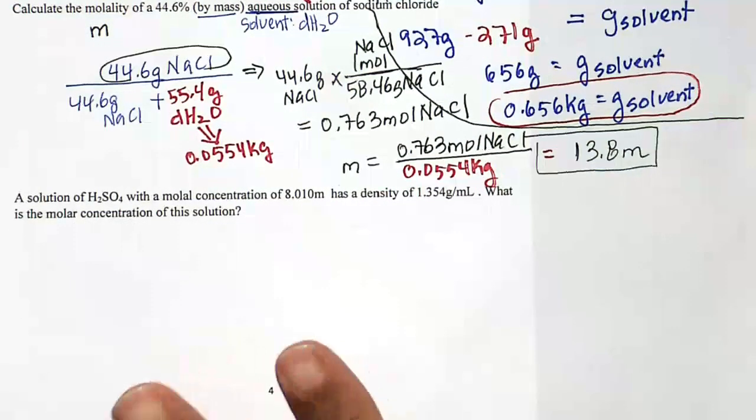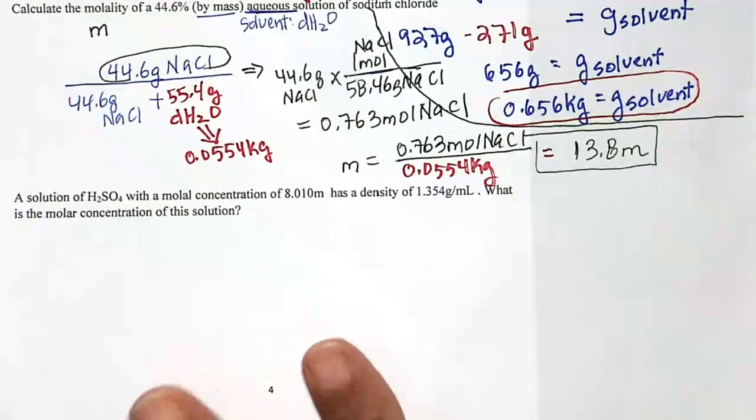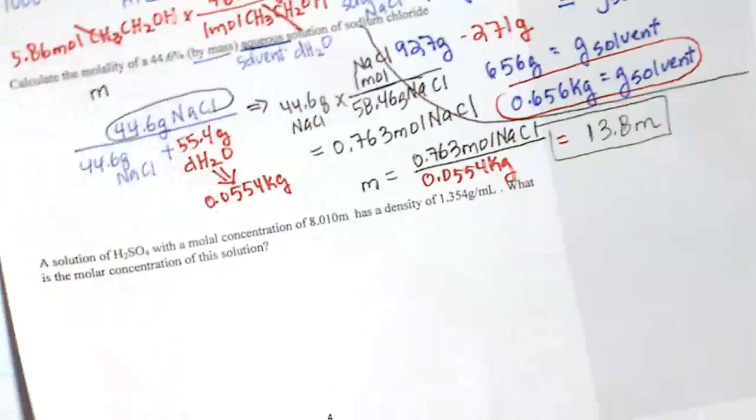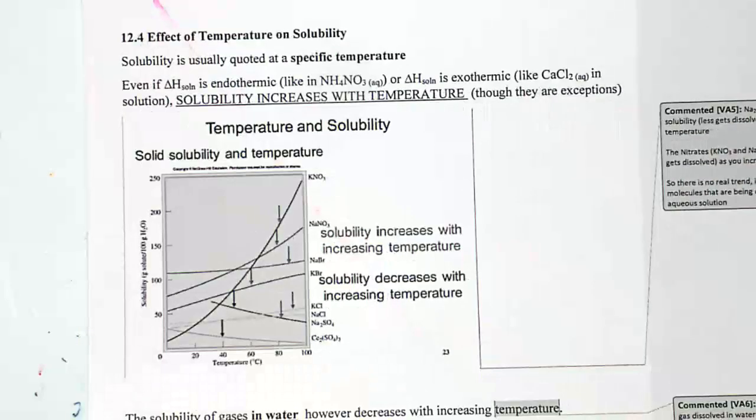Just to save time, you can do this at home, and I'll post the answer on Canvas. So that's page 4. Like I said before, page 5 we will skip, and page 6 gets skipped.